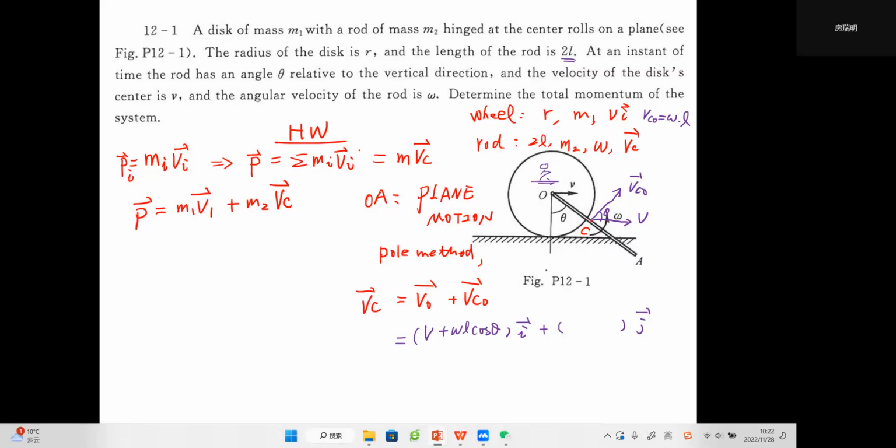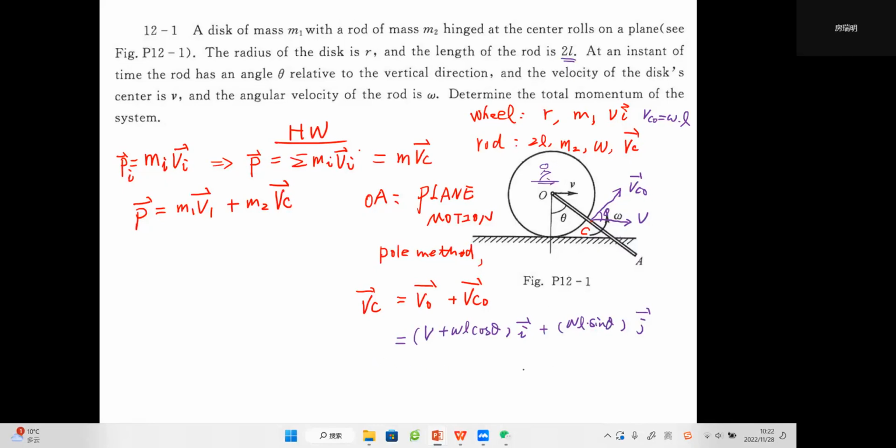And then we talk about its vertical component. This way, it will have 0 component along the vertical direction, because its direction is perpendicular to this vertical line, right? So then we will have VCO, which is omega L times sine theta. This component is also along the positive direction of Y.